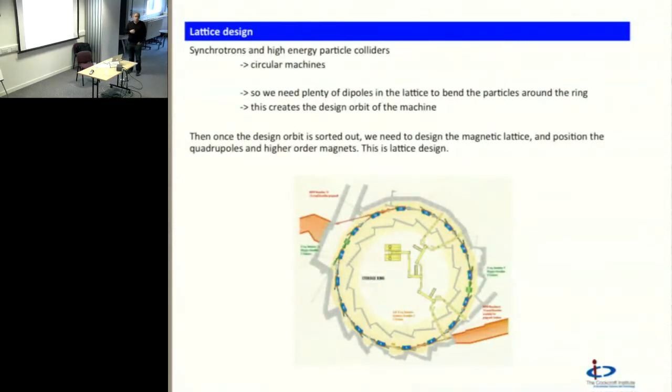Once you've got the design orbit sorted out, we've specified the dipole parameters, we can do the lattice. And this means positioning quadrupoles and other more complicated elements to achieve good focusing properties, get the tune right, get the beam sizes right, and also more complicated things we'll learn about as time goes on. So the art of lattice design is using all these tools to understand where the magnets go and how strong they should be.